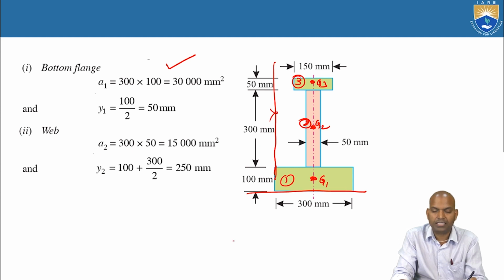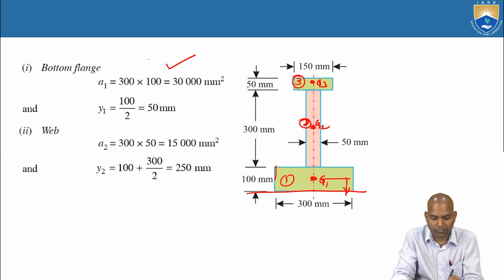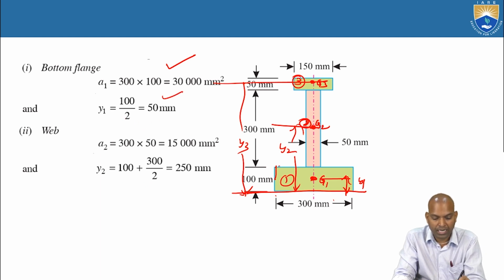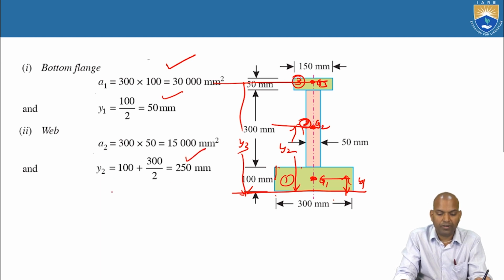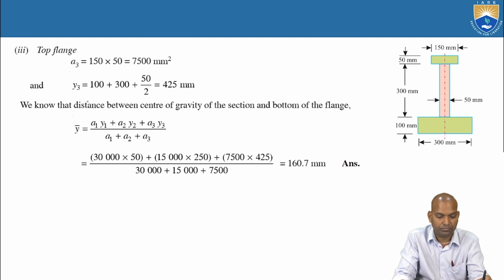Now from this G1 the distance is Y1, G2 to Y2, G3 to Y3. Y1 is 100 by 2, that is 50 millimeter. Y2 is 100 plus 300 by 2. Y3 is 100 plus 300 plus 50 by 2.